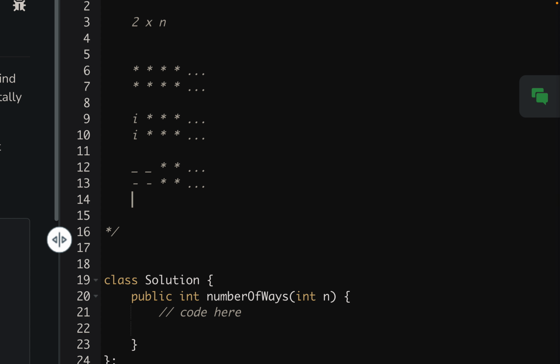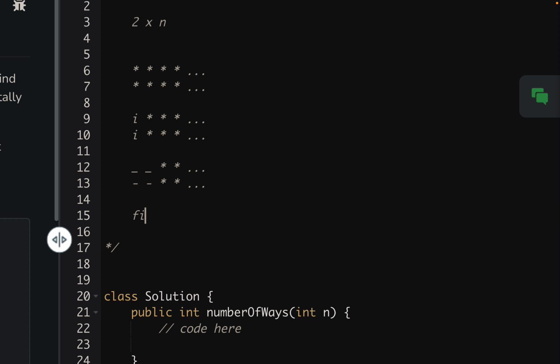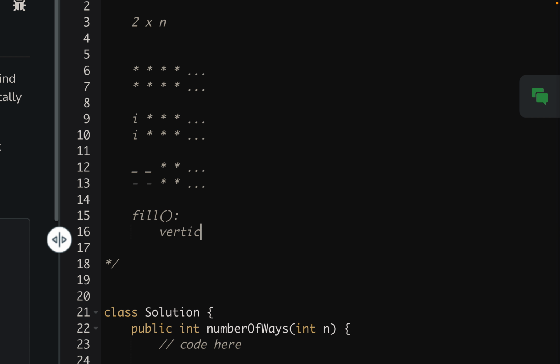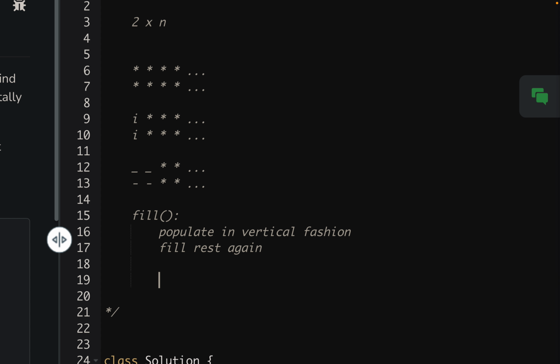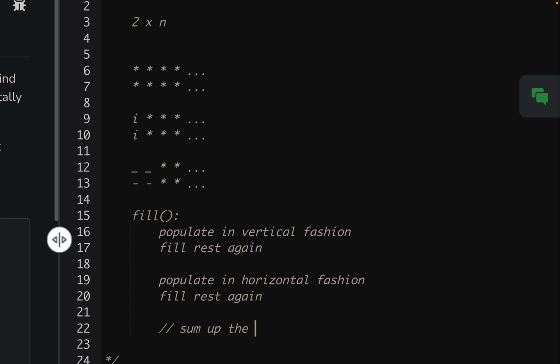And when we are doing this, we can go ahead and take the next one into the picture. So what I'm saying is, if I'm using the fill method in a vertical fashion, I'll say populate in vertical fashion, then I'll need to go ahead with fill rest again, and I'll also need to do populate in horizontal fashion, then fill rest again, and then I will sum up both.